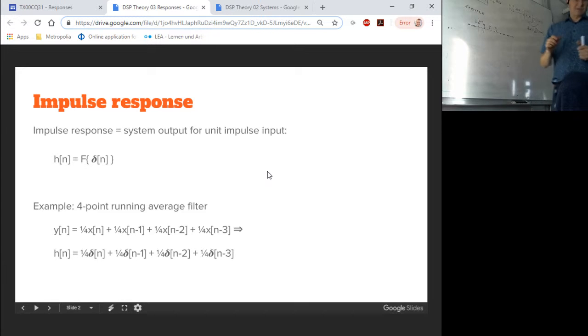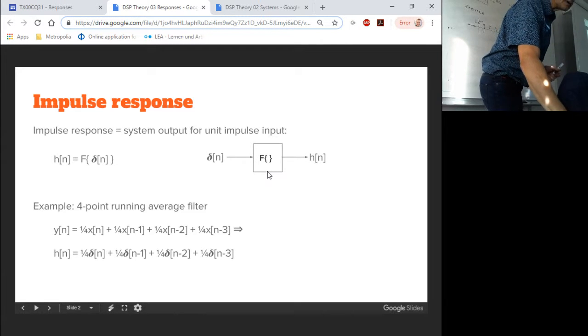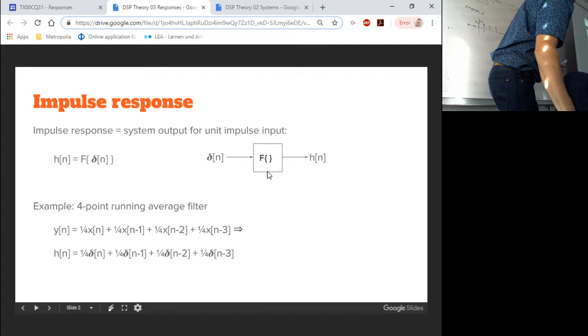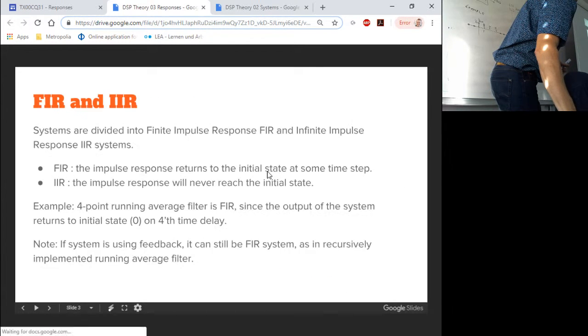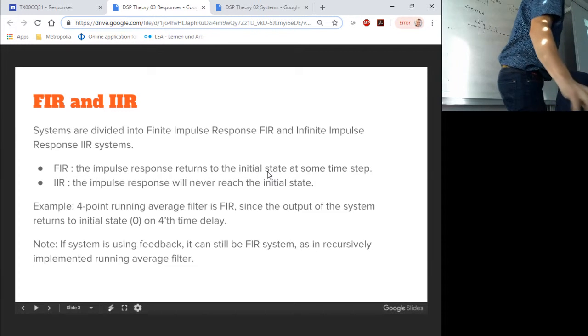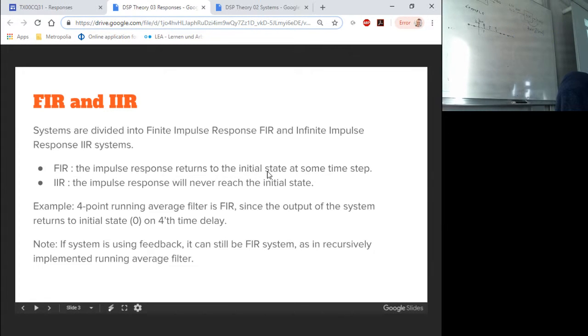The impulse response also, okay, let's see. Describes if the system is finite or infinite impulse response. Simply FIR.